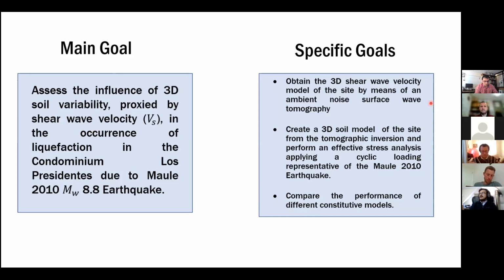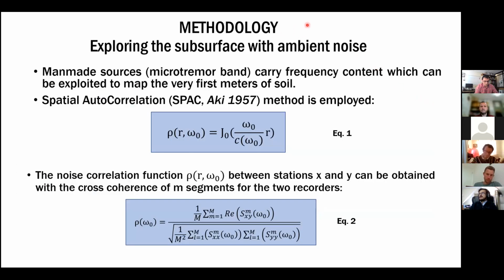Okay, I am going to talk now about the methodology. First, I will talk about exploring the surface with ambient noise. Man-made sources in the microtremor band carry frequency content which can be exploited to map the very first meters of the soil.